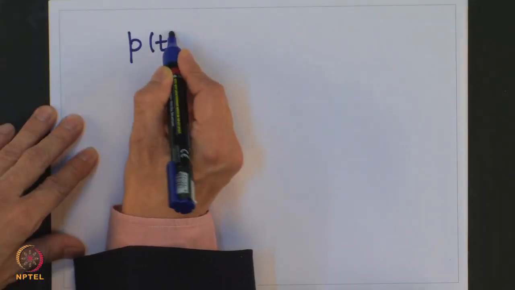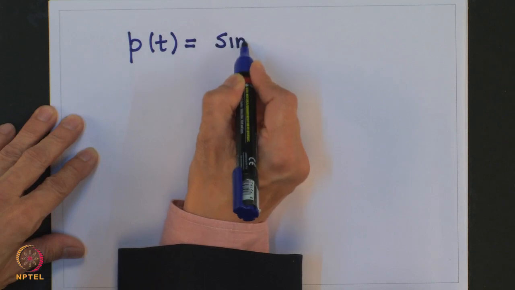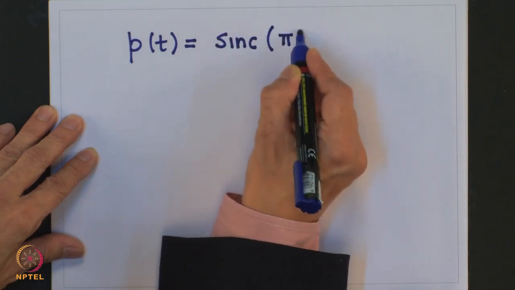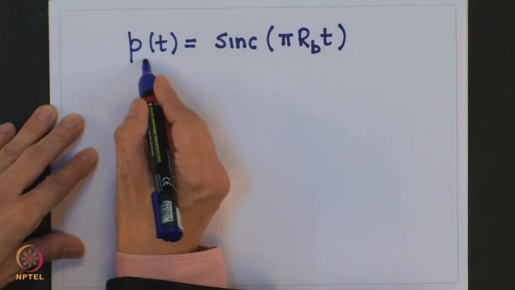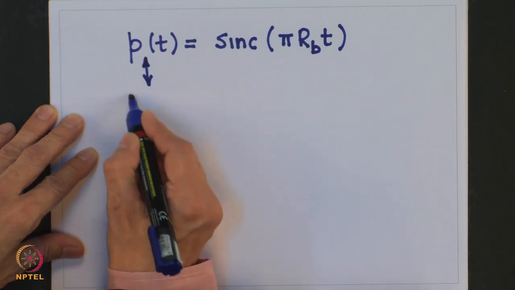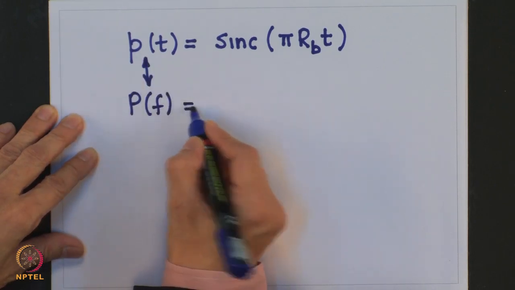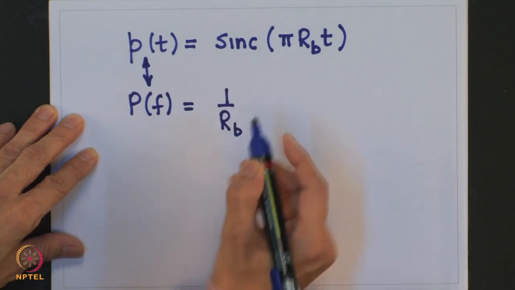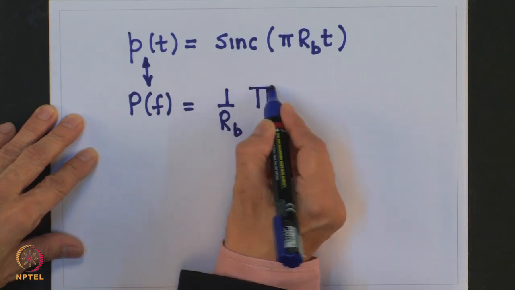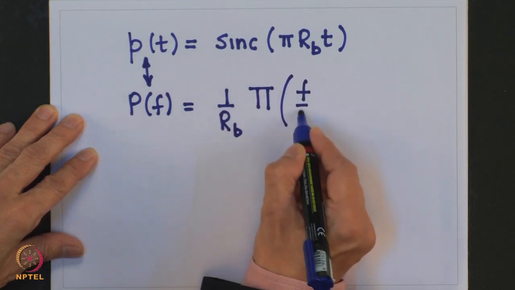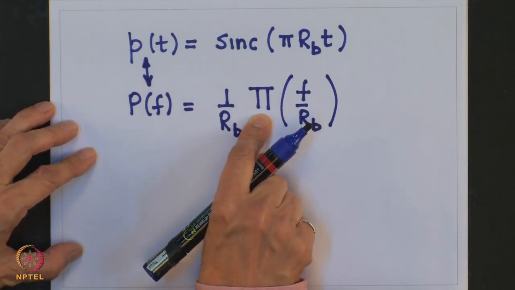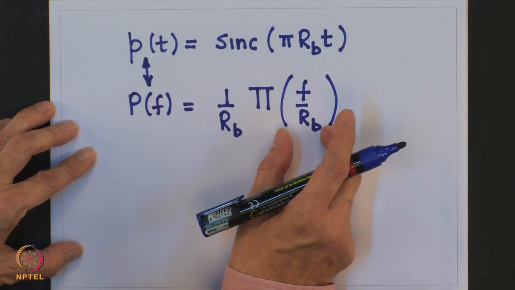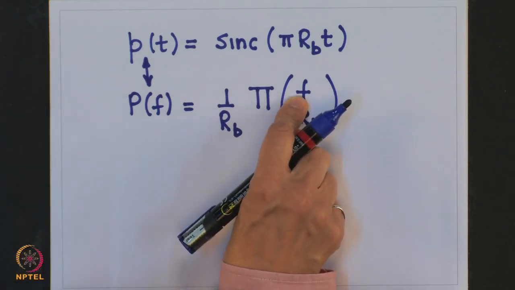The pulse which will satisfy this is the sinc pulse, and the P(f) for this is a rectangle function of width Rb about f equal to 0.